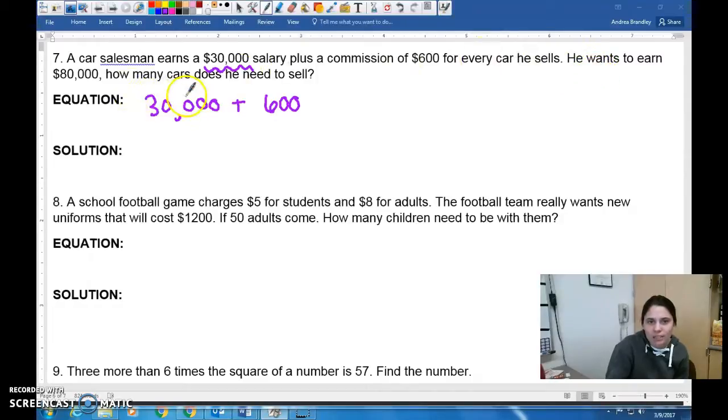How many cars does he need to sell? So I don't know how many cars he sells. That's going to be my variable. So my x is going to represent how many cars. So if he's earning $600 per car, he's earning $600 times however many cars there are, which we don't know, so that's going to be our variable. That's our x. And he wants to earn $80,000.